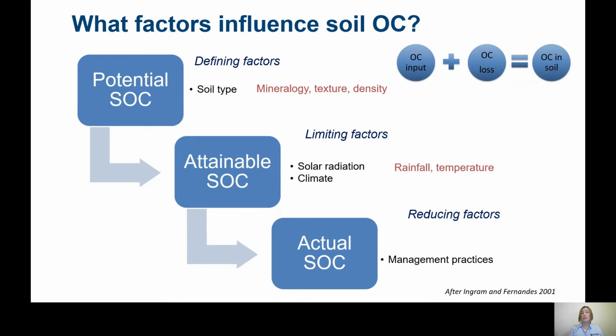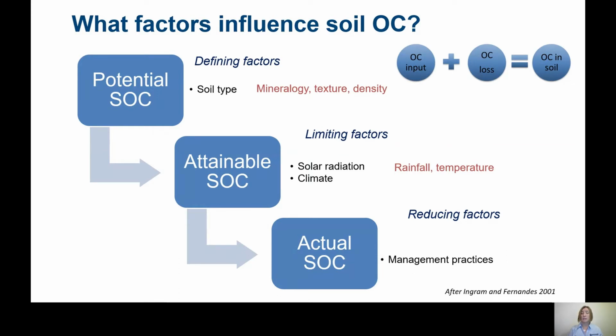We then have these other limiting factors, so we can step down, and from our potential, we now have what's called attainable carbon. This is affected by the amount of solar radiation, which affects how much photosynthesis is occurring. And in Australia, rainfall is often our biggest factor.